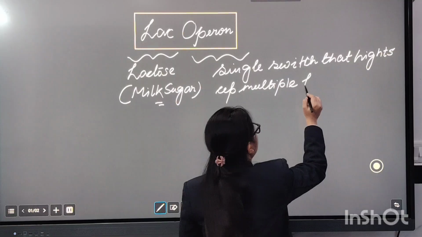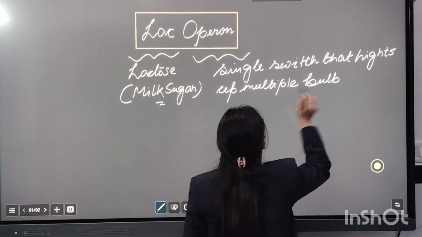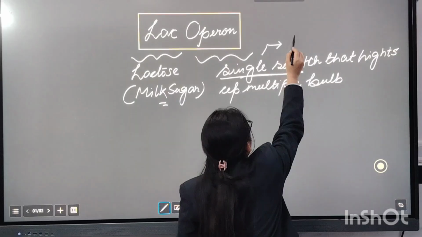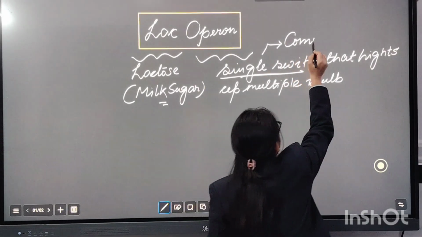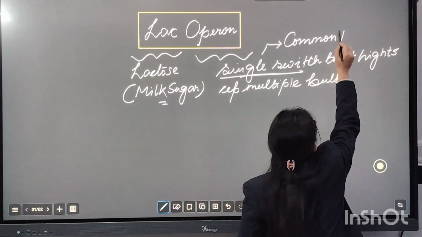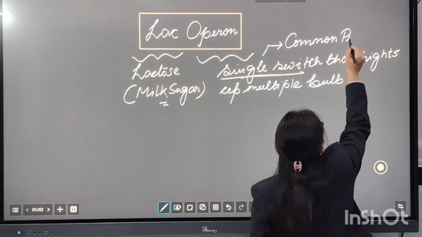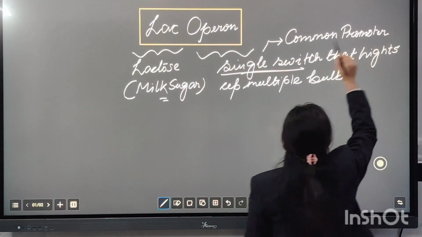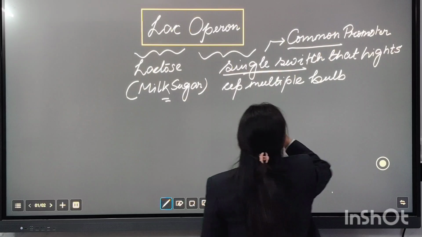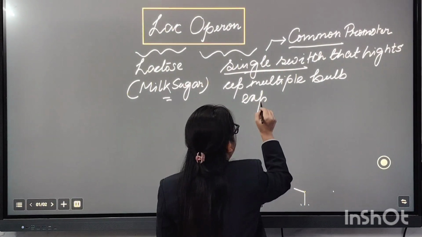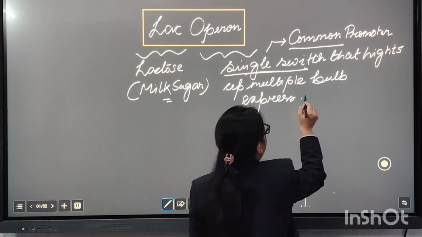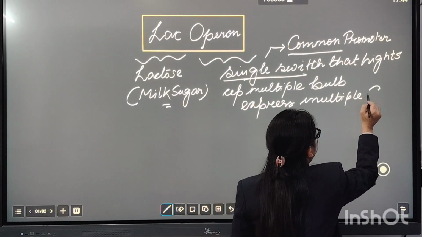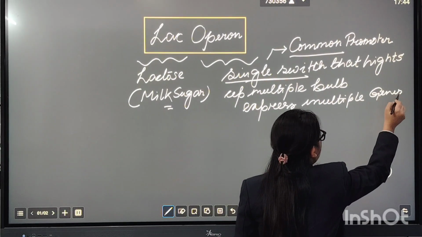Now what does it mean? This single switch is referred to as a common promoter. This common promoter expresses multiple genes. Okay?